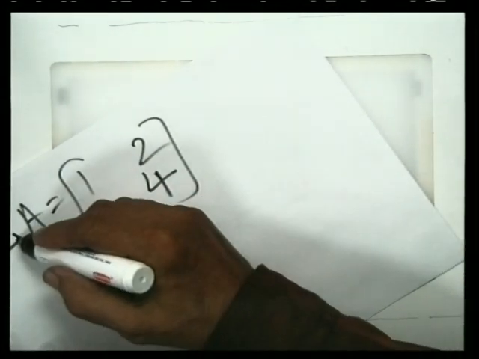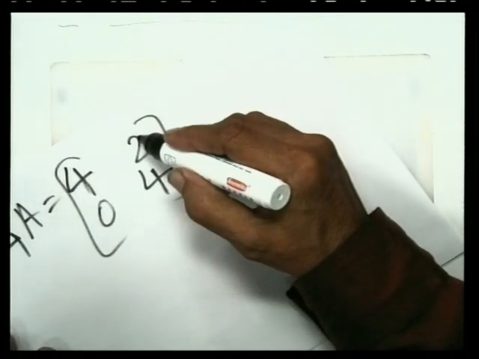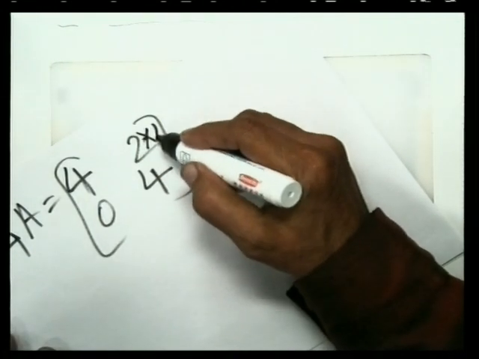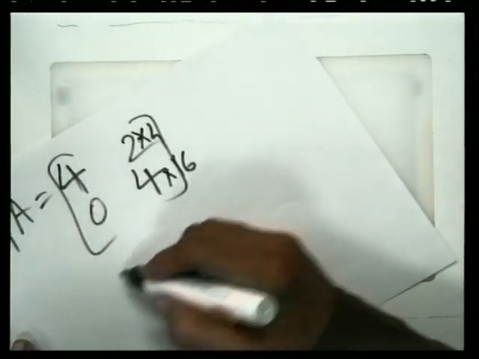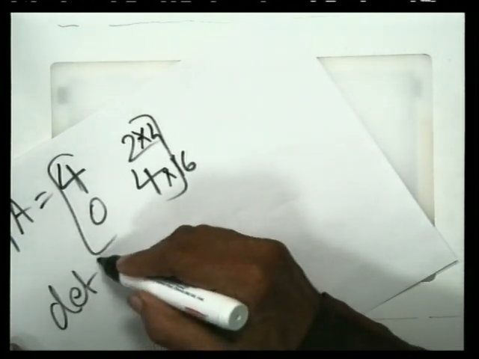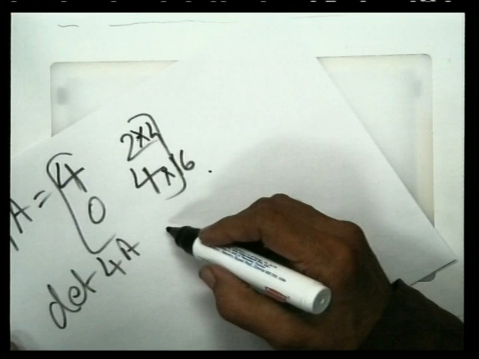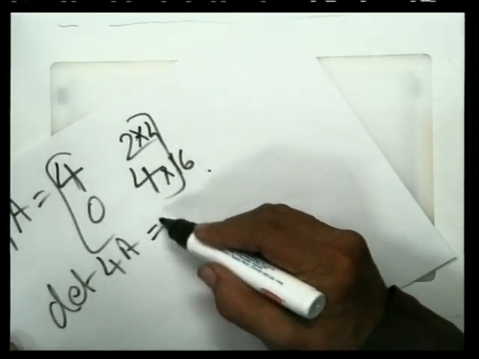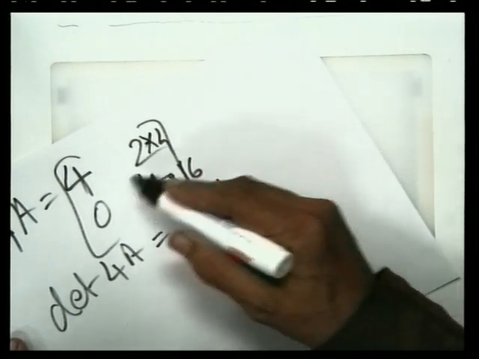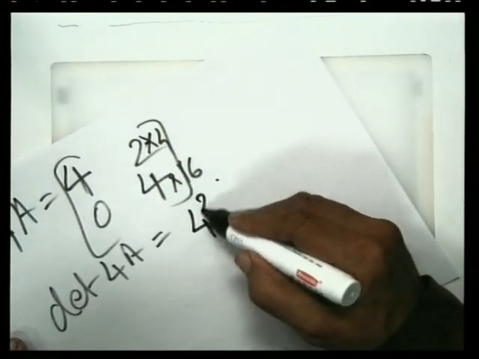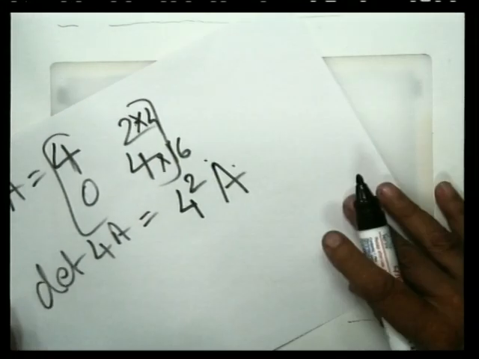Then the matrix becomes 4, 8, 16. When you take its determinant, here 2 by 2, the same way n by n, from every row you can take 4 out, so it is 4 squared, and the remaining is 8.